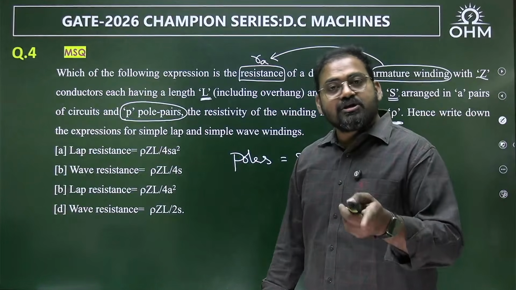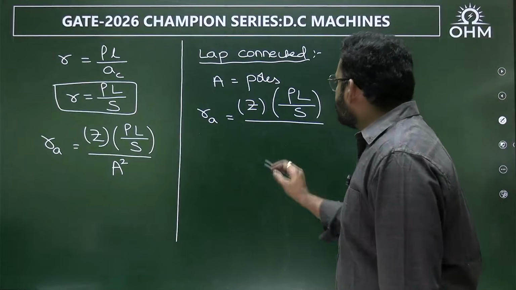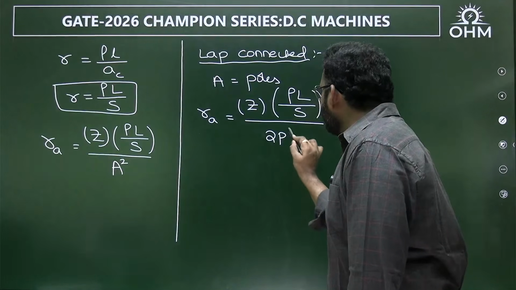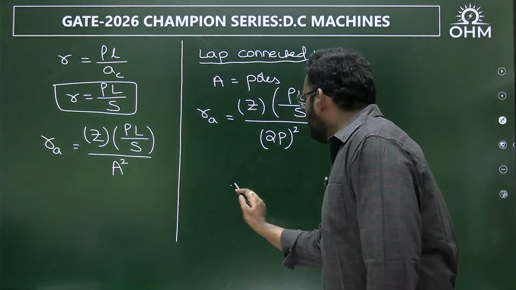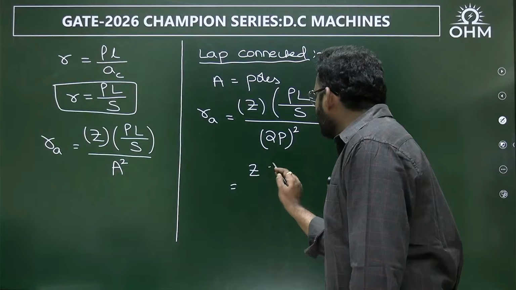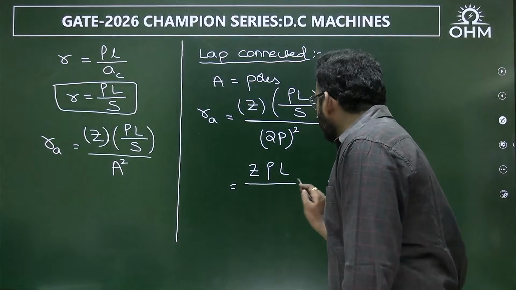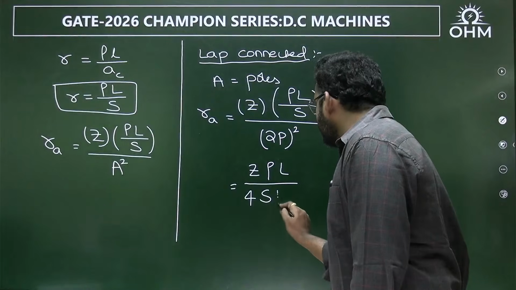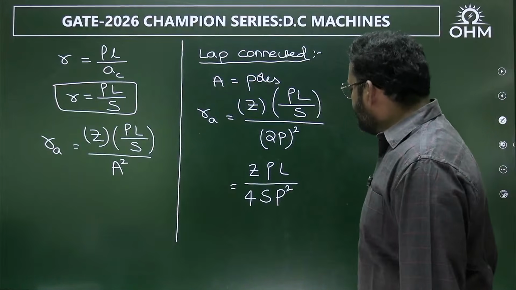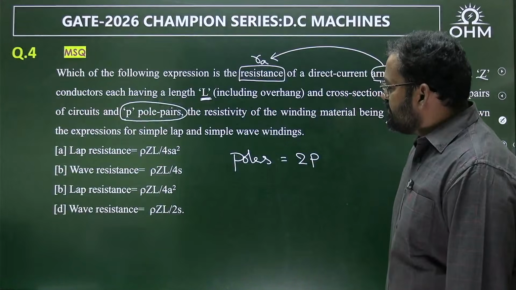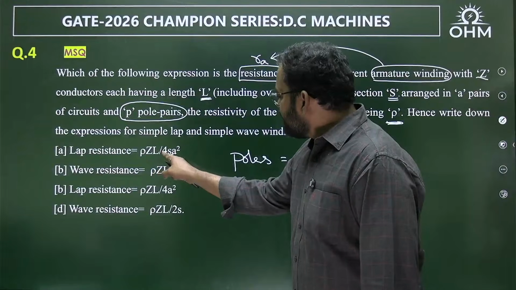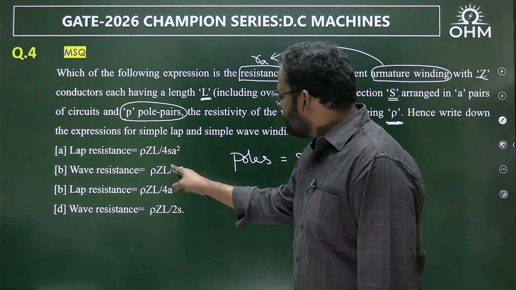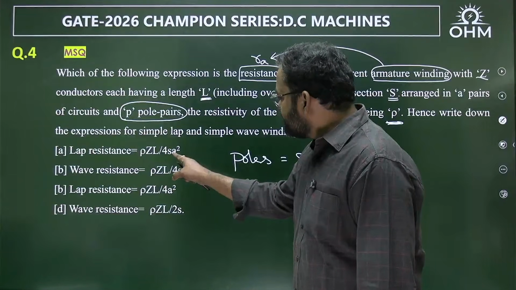Therefore, number of poles is 2 times that. So it is 2P whole square. Overall answer, Z rho capital L by 4 S into P square. Any option like that? Rho Z L by 4 S, it should be P square, right?